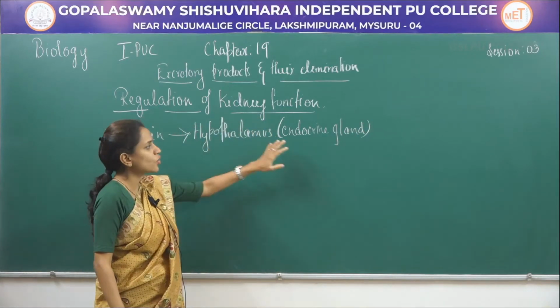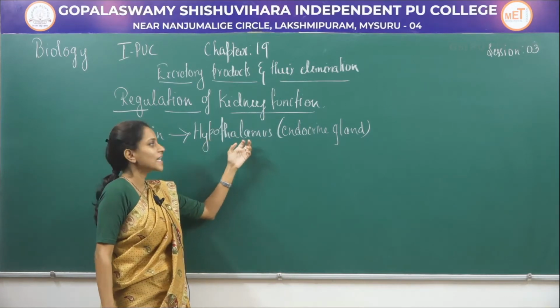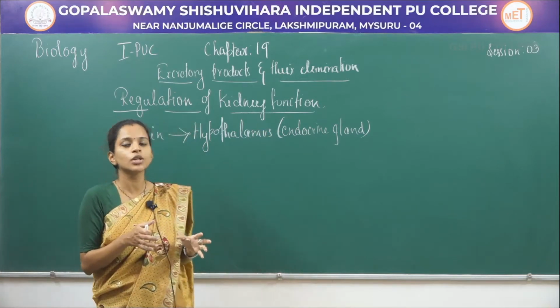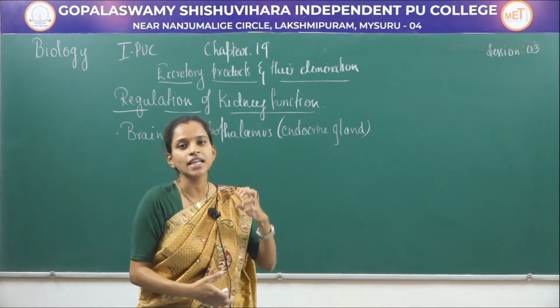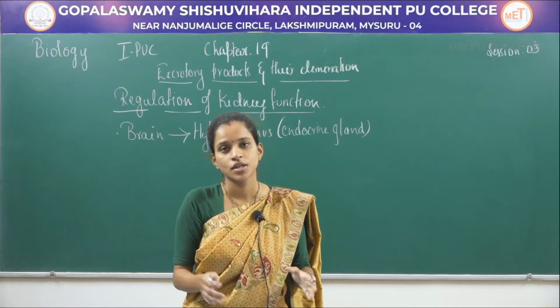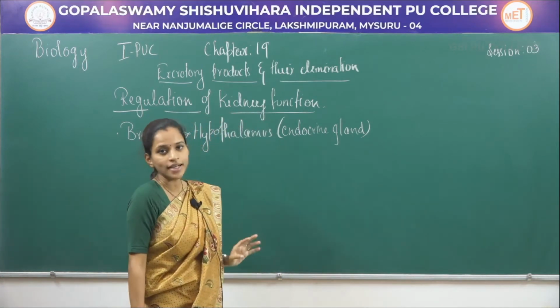The hypothalamus is a part of the brain which is acting as an endocrine gland. Endocrine glands release secretions in the form of chemicals called hormones. Hormones are the secretions which are released by the endocrine glands.